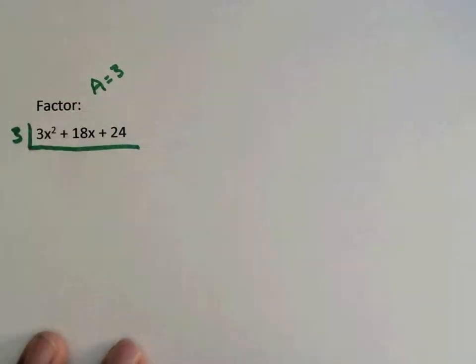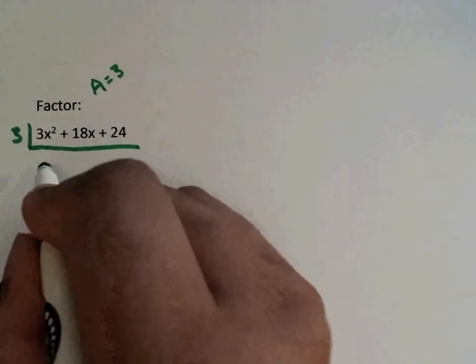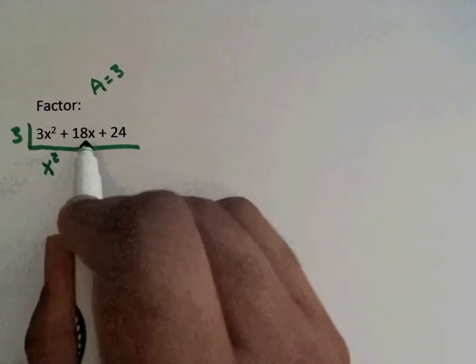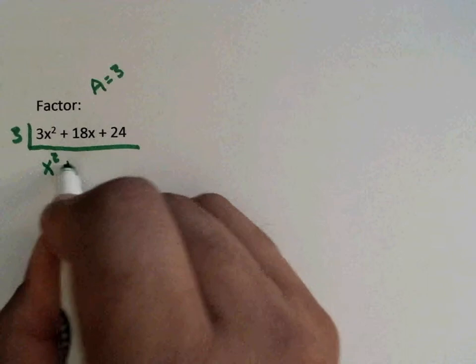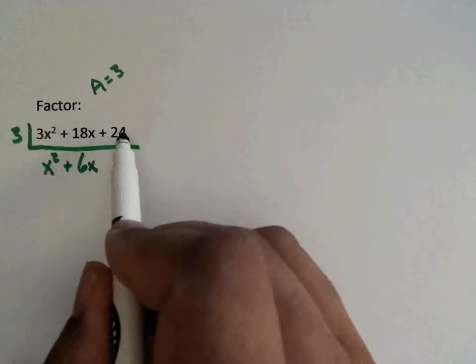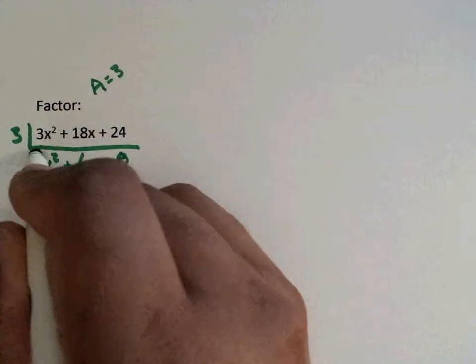factor out a 3. So I know 3x squared divided by 3 will give me x squared. I know 18x divided by 3 will give me 6x. I know 24 divided by 3 will give me 8.